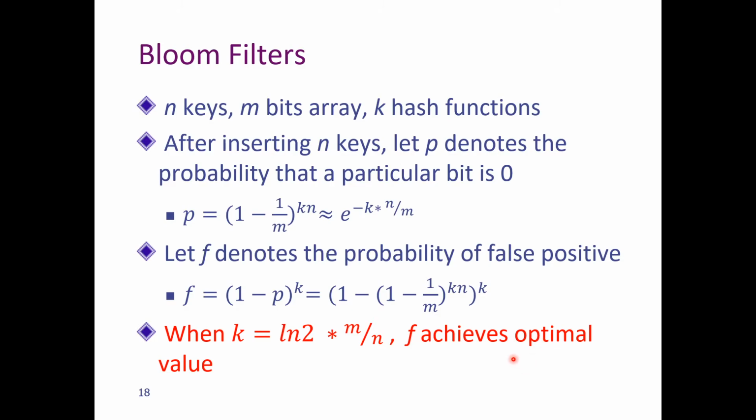Obviously, if m is bigger, then the false positive rate is smaller. If k is bigger, the false positive rate is also smaller. Not really. k has an optimal value; it's not the bigger the better. And when n is smaller, the false positive rate is smaller, right?